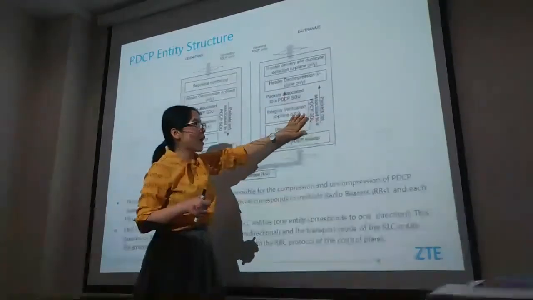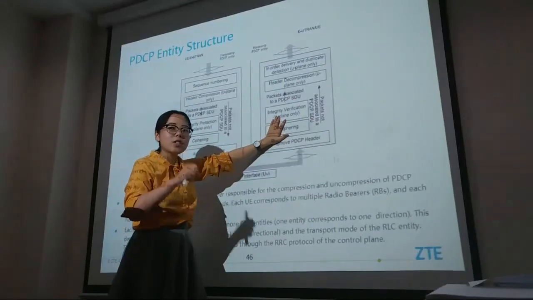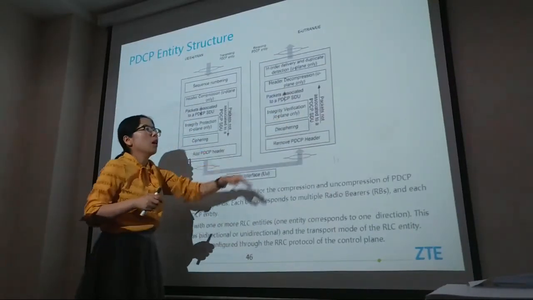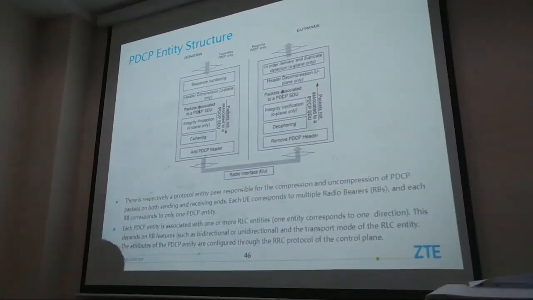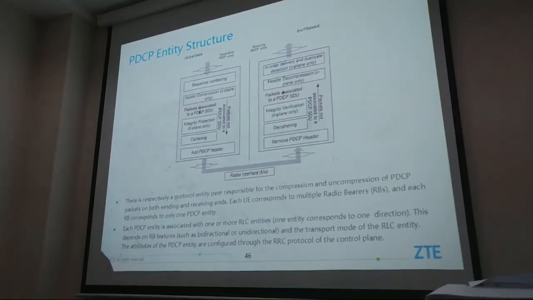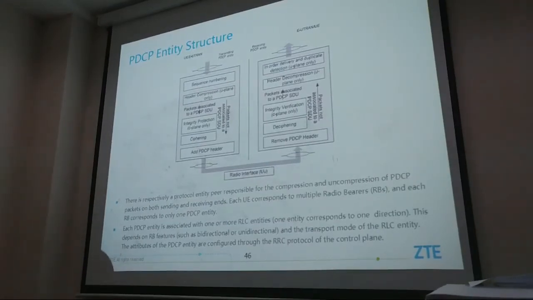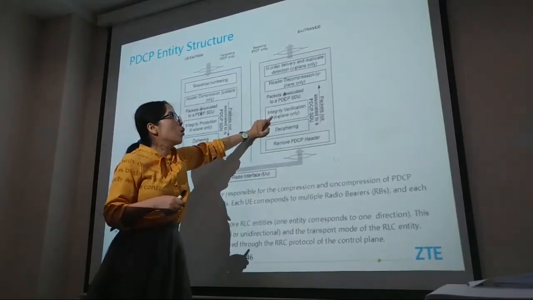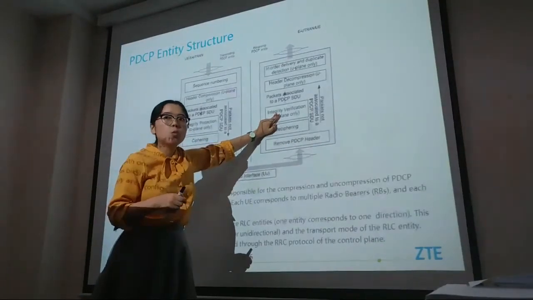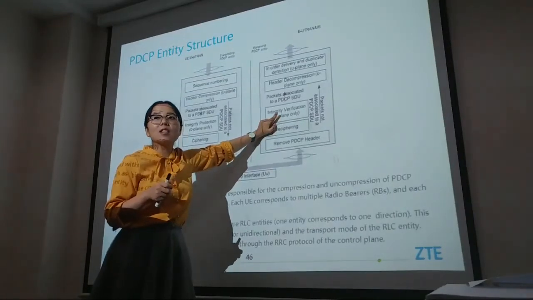If this step fails, if I detect the signaling integrity is broken, I will discard it and re-establish the RRC connection, because we must guarantee the RRC connection is secure.